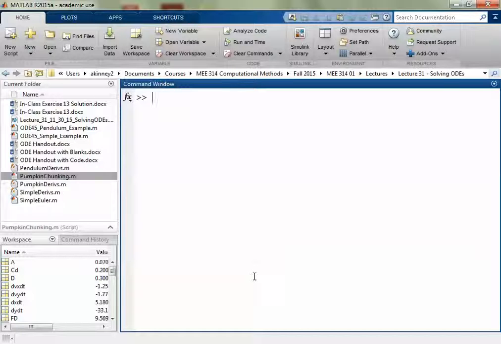And what goes in here now? Negative g over L sine theta. Yep. Negative g over L sine theta. And because we've got theta as a variable, that's going to be theta sub i, the current theta value.